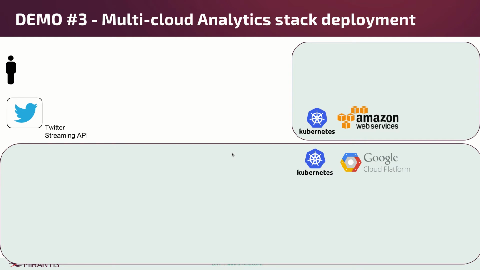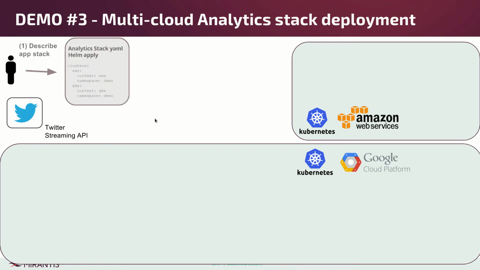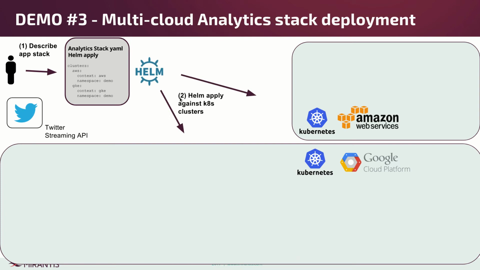For my demo, I will use a multi-cloud analytics stack deployment where I have a Google Kubernetes cluster and a Kubernetes cluster running on AWS. I will use simple YAML syntax for this stack and apply it against those clusters.